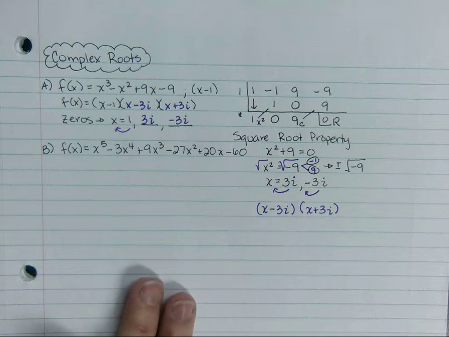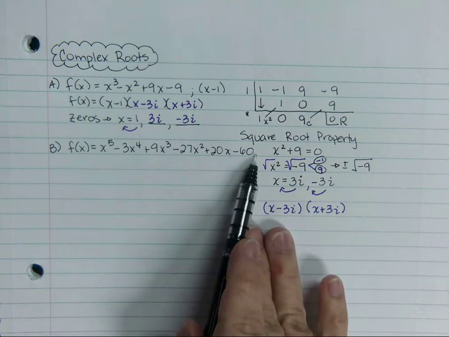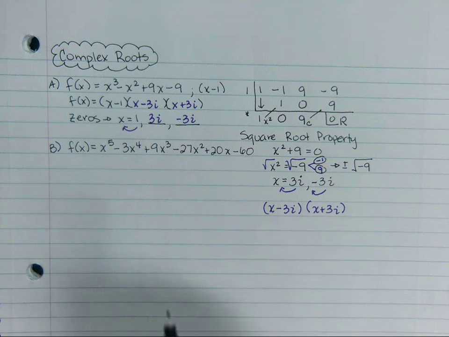And for this, because I have a fifth degree and I don't have any common factors with any of these terms, I need to have some zeros here. I need to have at least one, if not more.